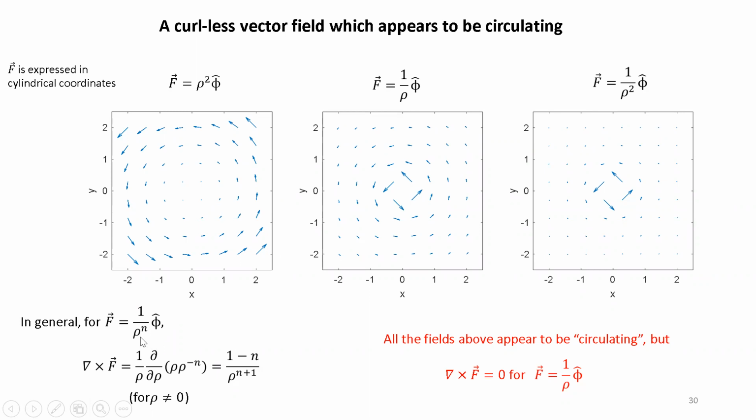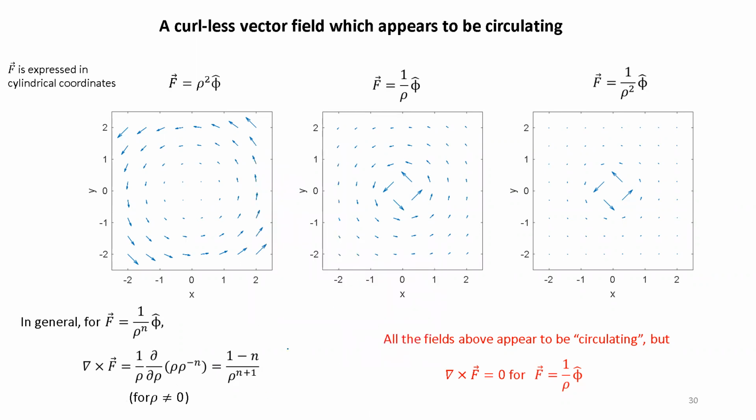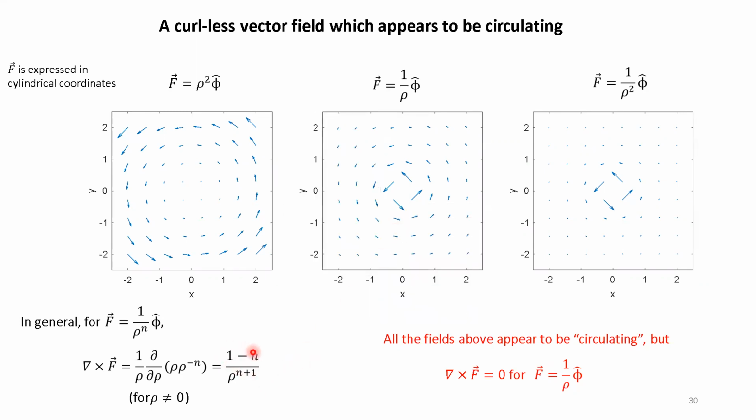Regardless, with this simple general form, you take the curl in cylindrical coordinates and you get this general formula: 1 minus n divided by rho to the n plus 1.